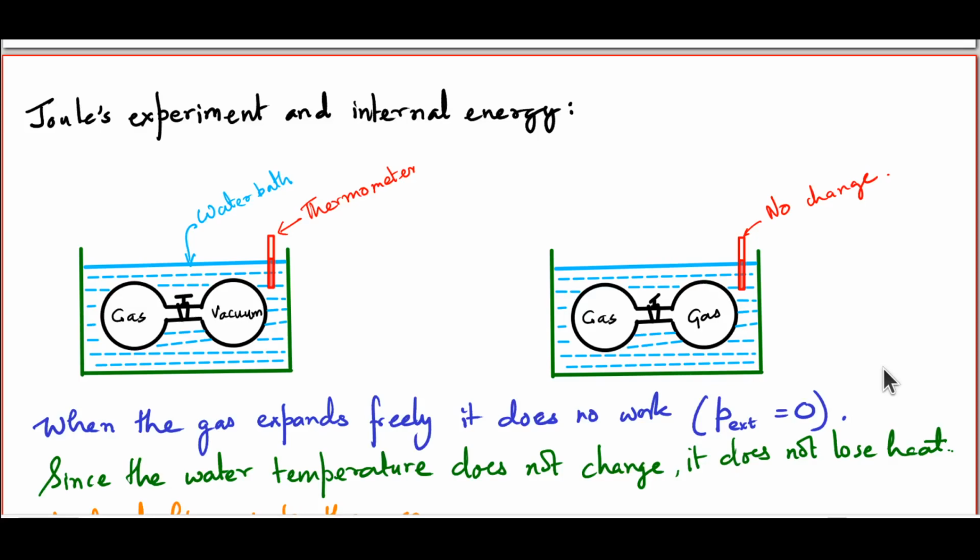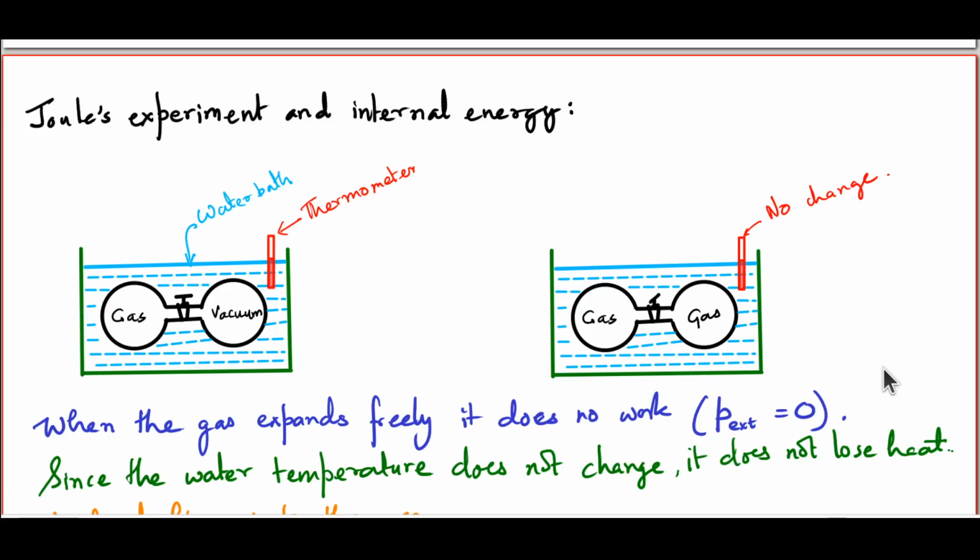In any case, in the intermediate stages of this process, once you have opened the stopcock and until the gases on the two sides reach equilibrium, you can't even talk of a well-defined pressure of the system. This is as far away from a quasi-static process, where intermediate stages are close to equilibrium states, as possible.